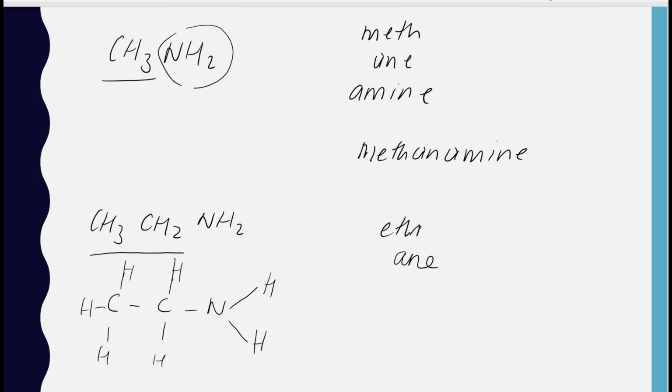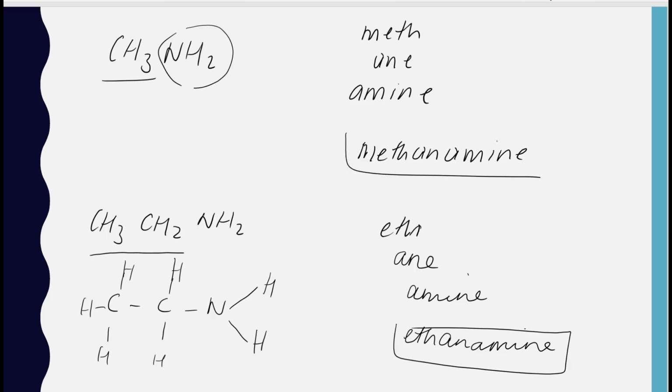Again, in this case, it's attached to the end carbon, so it's a 1, and either carbon in this case is still a 1, and the suffix is amine. So remember, we write them all as one word. Ethanamine is the name then for that compound.